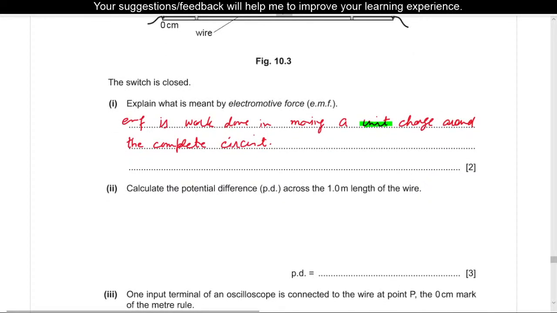Calculate the potential difference across the 1 meter length of the wire.